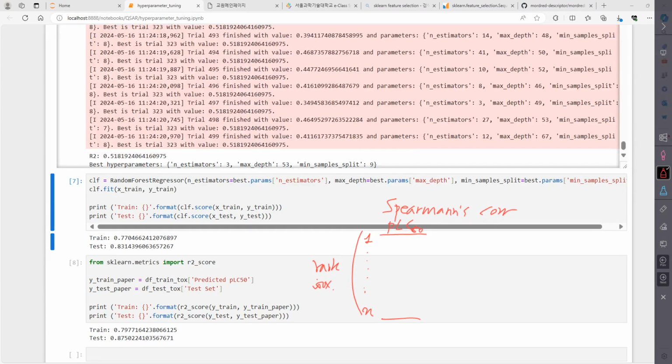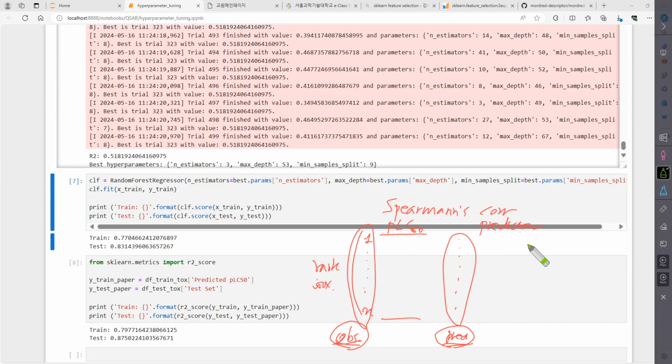And we can rank the compounds with the prediction value. Then we compare the rank by the observation value and the rank by the prediction value, and Spearman's correlation estimates how dissimilar the ranks were.